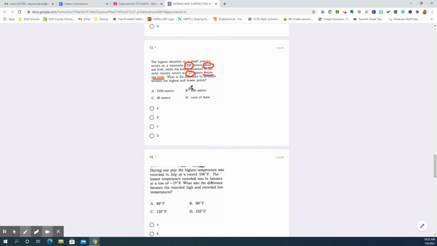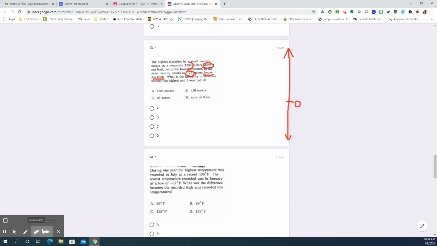Okay, so anytime I see that it says what's the distance or what's the difference in the elevation, I'm going to draw a vertical number line. Okay, and since I'm going to put my 0 right about here, my first elevation is 1,232.